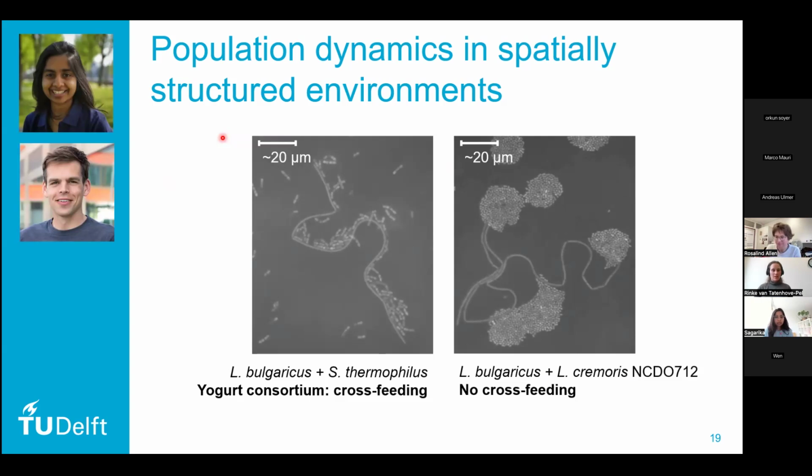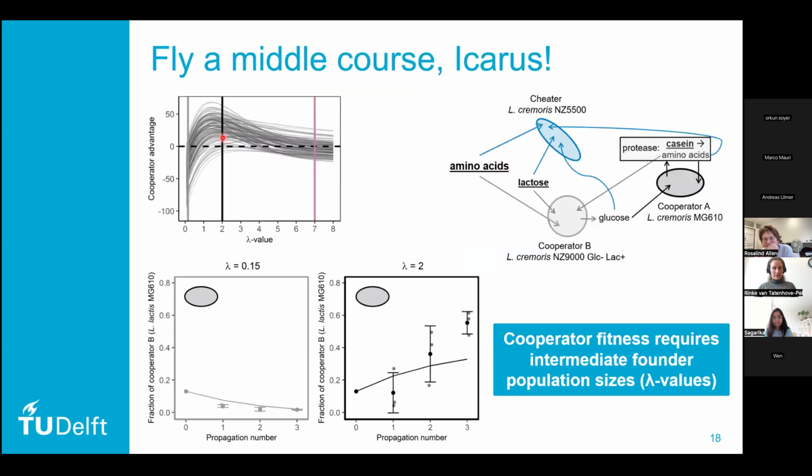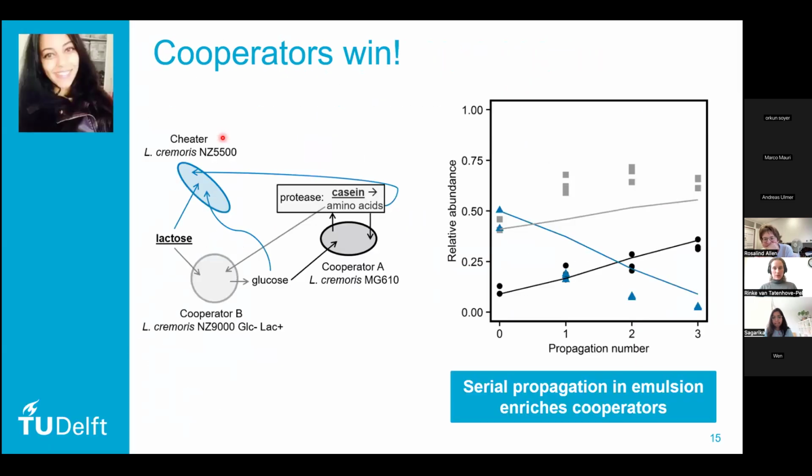Oh, can I ask you a question? Yes, sure. So when you go to lambda like 3 or 4, what happens if the cheater and the two cooperators are simultaneously present in a droplet? Then the cheater will still grow and outcompete the cooperators within that droplet. Yeah, because that's what we also saw when we tried it.